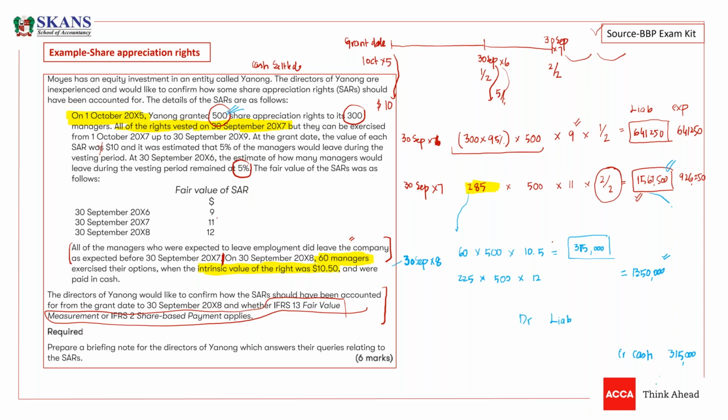Look, 1,567,500 minus 1350. What is the difference between these two liabilities, guys? Tell me the difference. Yes, you are right.